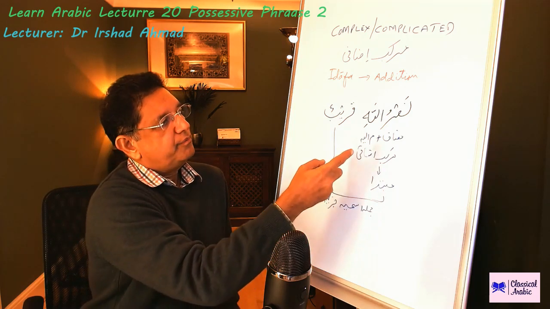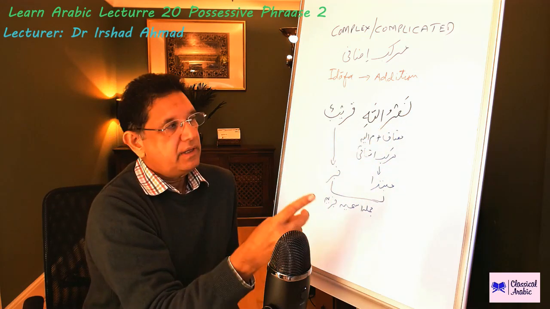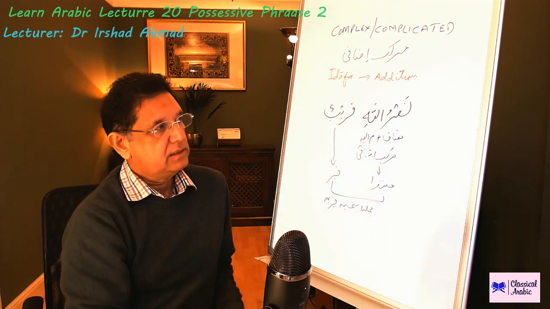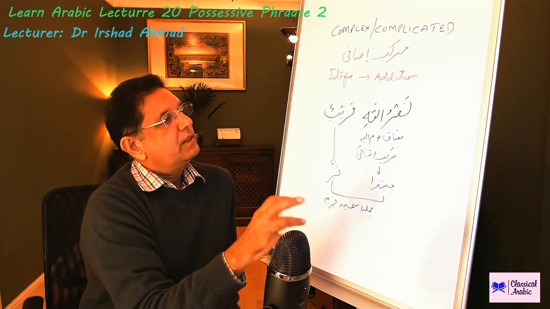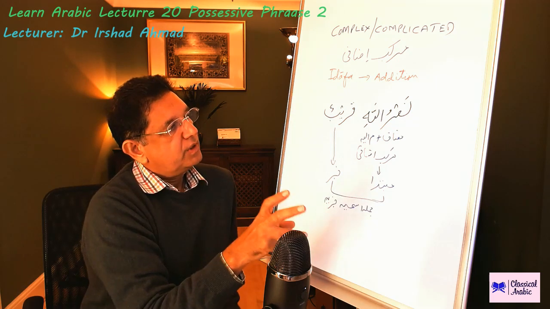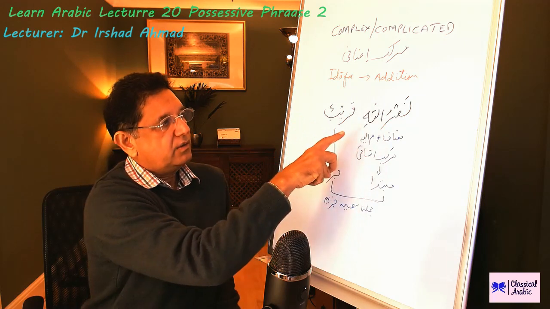So basically in Murakkab Idafi, the main value is given to Mudaf as far as the I'rab is concerned. In other words, I'rab of Murakkab Idafi is shown on Mudaf, not on Mudaf ilayh.